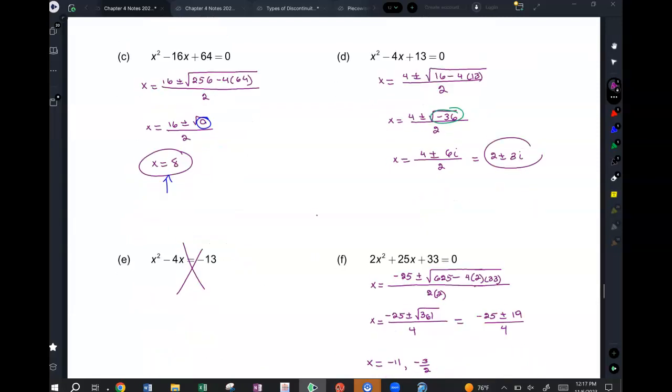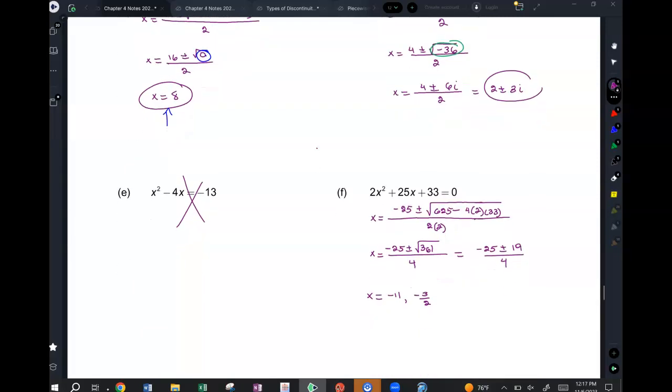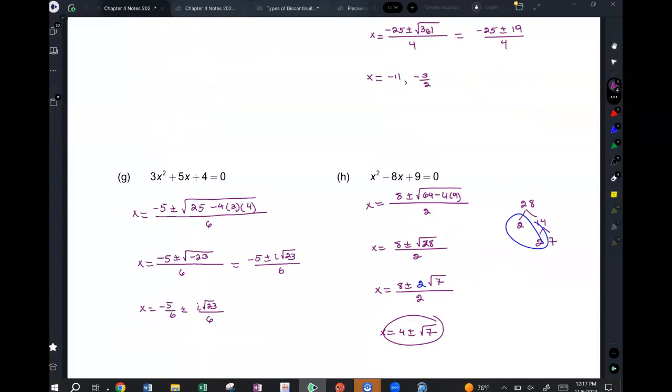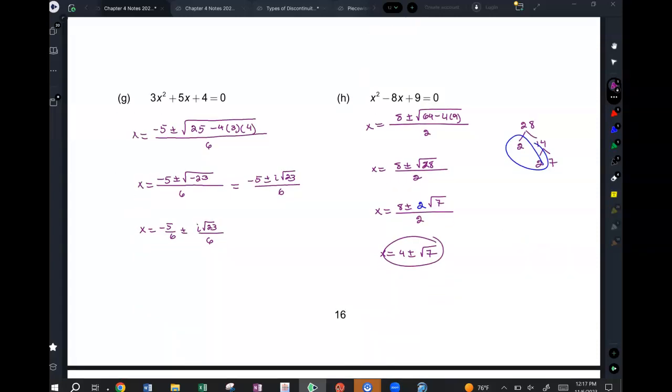Now look at this one. It's positive, but it's not a perfect square. And my answer was 4 plus or minus root 7. This is an irrational answer. It's not like 3 and 5 over 2. You see that? So if it's not a perfect square, it'll stay in the root.